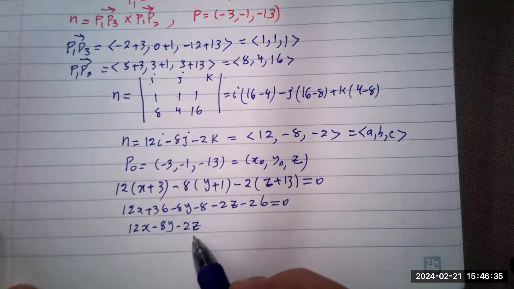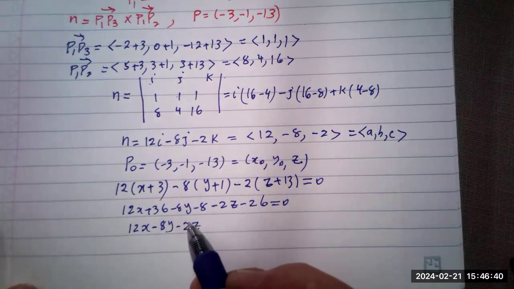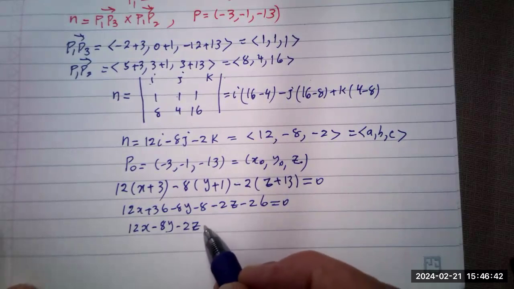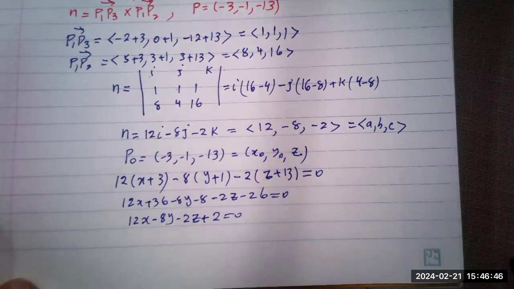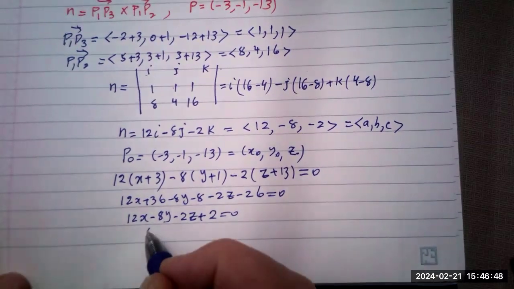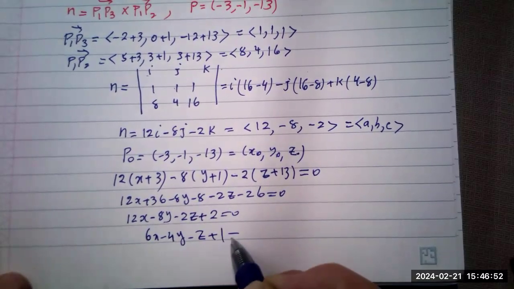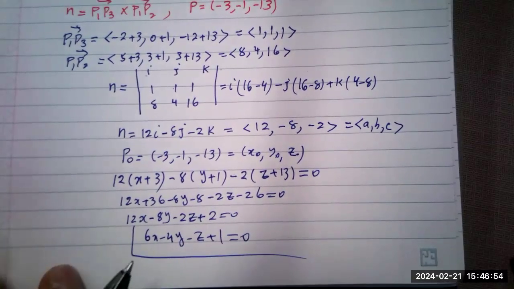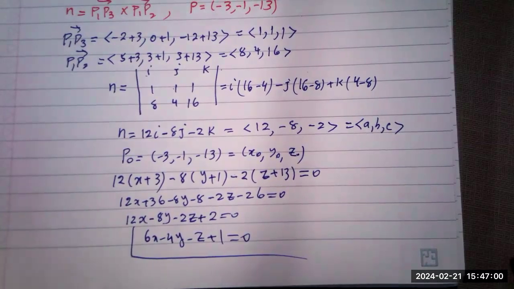Simplify the numbers: 36 minus 8 minus 26 gives us +10, and 2. This is going to be the equation of the plane. All of them are divisible by 2. So 6x minus 4y minus z plus 1 equals 0. This would be the equation of the plane. You don't have to simplify it, but if you get a chance, you better do it.